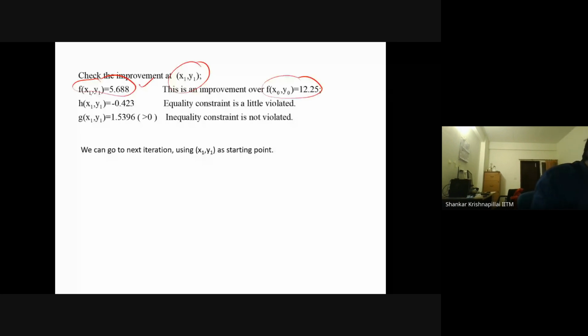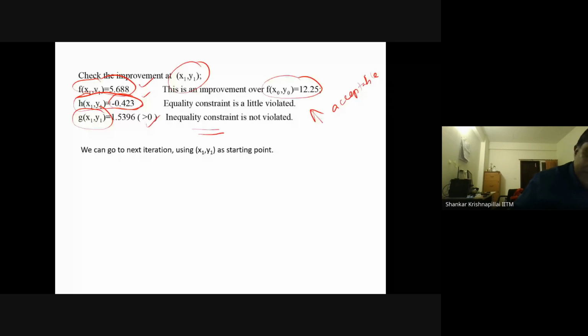Then the equality constraint violation: we expect this to be 0, but we are getting minus 0.423, which is a small violation. And g of x1, y1 is 1.539, which is greater than 0, so there is no violation. So this is acceptable for the next generation.